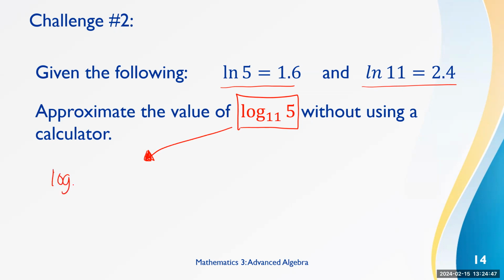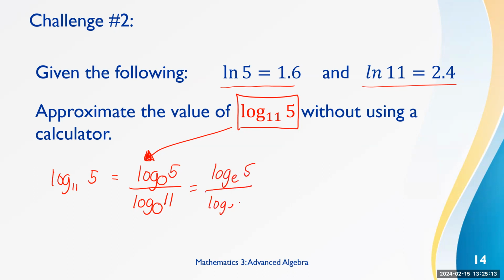So log base 11 of 5 I can write as log 5 all over log 11, as long as the base is the same in the numerator and denominator. That means I can also write this as log base e of 5 over log base e of 11, because the base is the same. When it is log base e, that is the natural log, so that is ln 5 over ln 11.